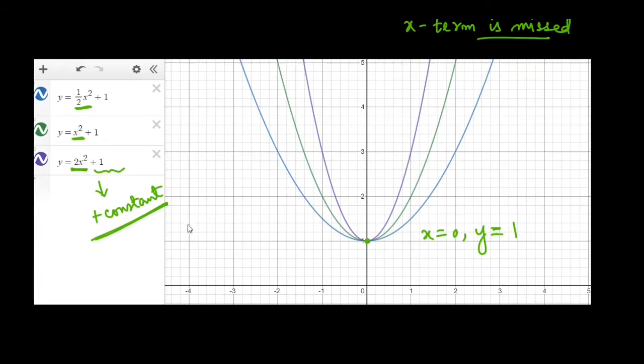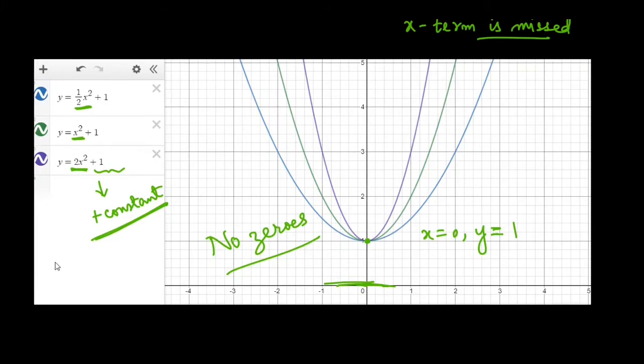If the polynomial is like this, a complete square plus a constant, that means a positive constant here, then these curves are not intersecting the x-axis. The x-axis is here. These curves are not intersecting the x-axis. So these curves do not have zeros. No zeros for these polynomials.